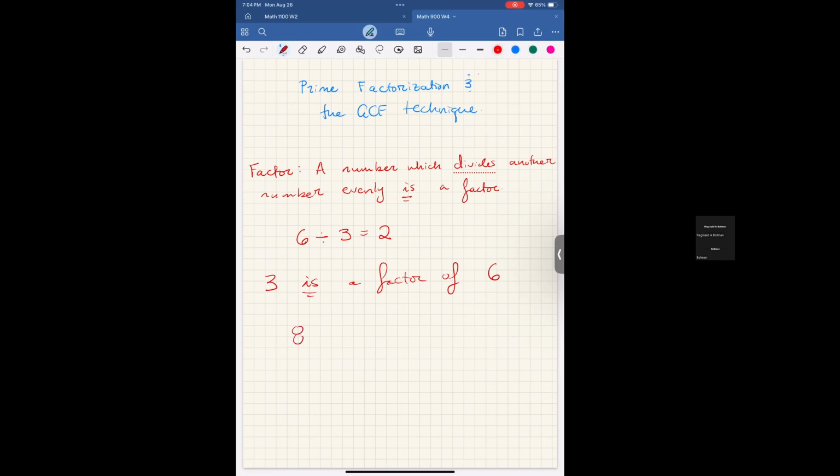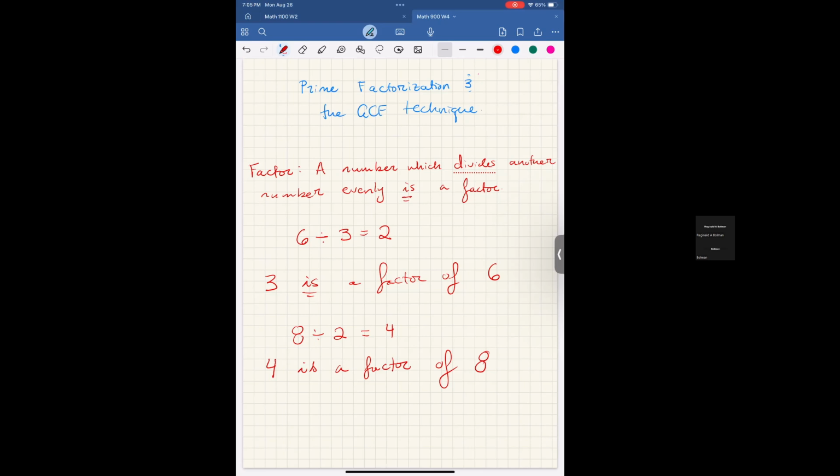Another example, if we have 8 divided by 2, we know that 8 divided by 2 gives you 4. So we would say that 4 is a factor of 8. Pretty straightforward.